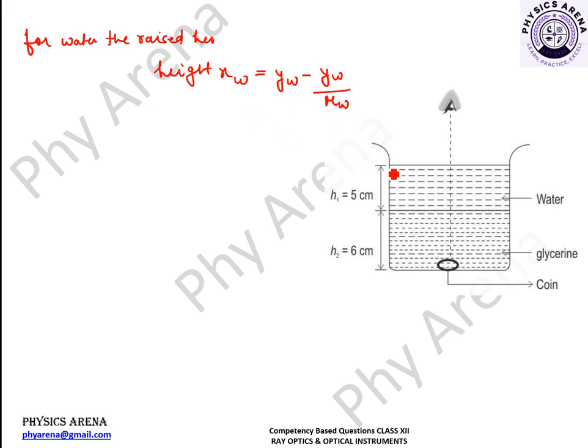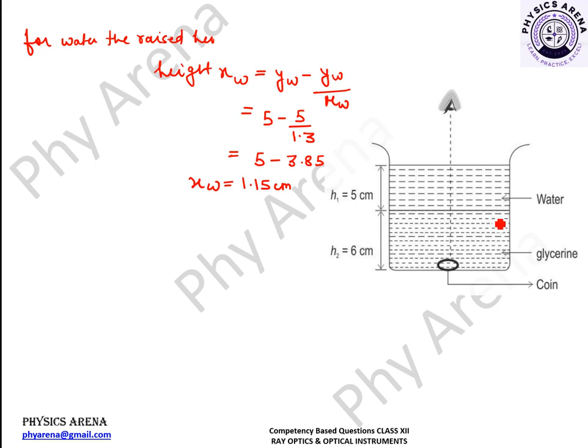So the actual depth for water is 5 centimeter. So we can write 5 minus 5 divided by 1.3. The refractive index of water was given in the question as 1.3. So when we solve it out, 5 minus 3.85. 5 divided by 1.3 is approximately 3.85. So the raised height for water is 1.15 centimeter.